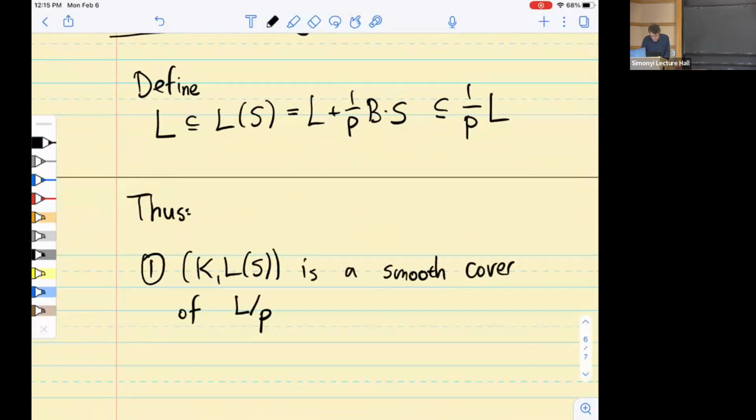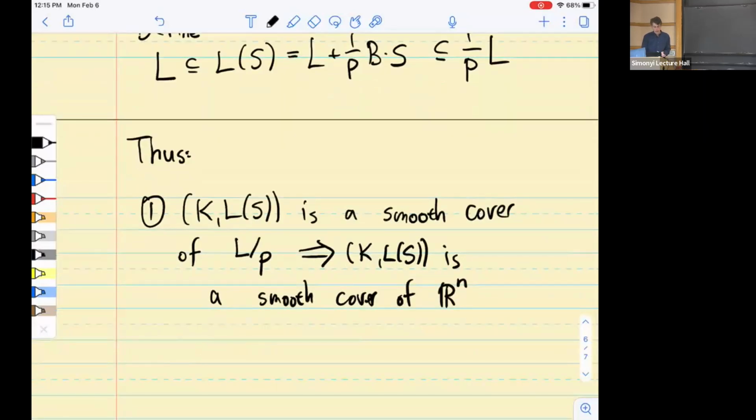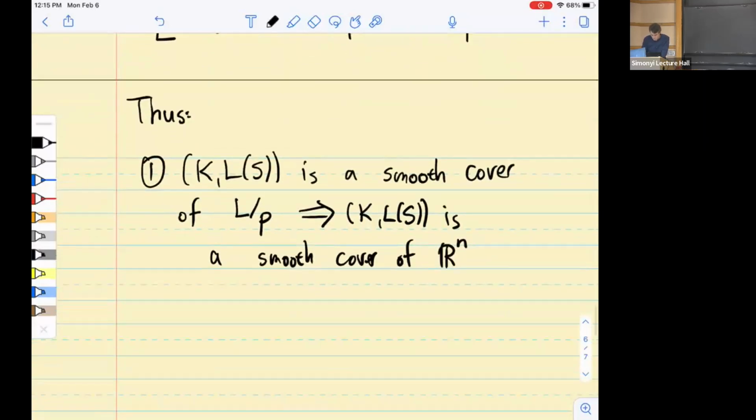And I was telling you that this is basically saying that you can extend to the whole space because the grid is so fine. You have to show this. This uses again the covering property, this rough covering, but this also implies it is a smooth cover of all of R^n. So this is great. We get a smooth cover. How good is it? So 2 more things I have to say. Yes.